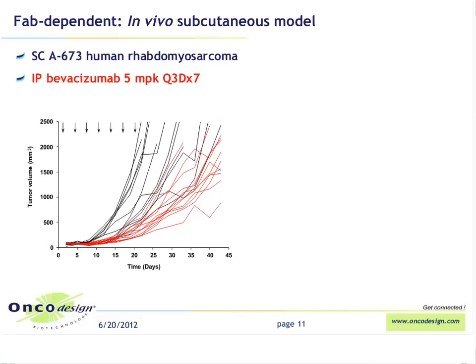The next slide is the evaluation of Avastin in vivo, and only Fab-mediated effect, where we used a rhabdomyosarcoma model engrafted subcutaneously, an A673 human rhabdomyosarcoma model, treated by Avastin IP at 5 mg per kilogram.